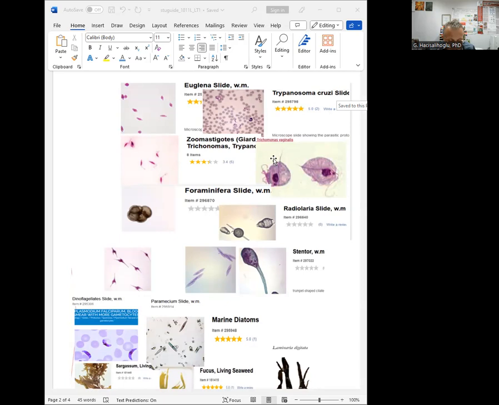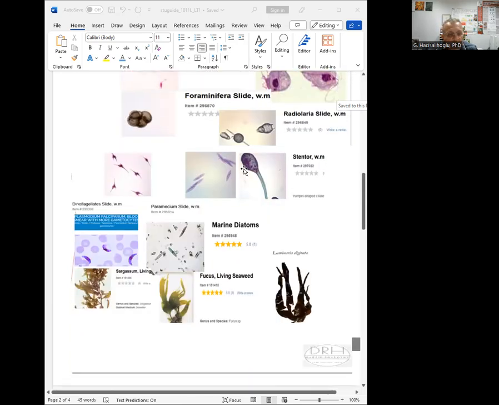Supergroup 4, Archaeplastida: red algae, green algae, and land plants are under it. And supergroup 5, Unikonta, includes slime molds, fungi, and animals. We will keep seeing this more in the future, so just study this.